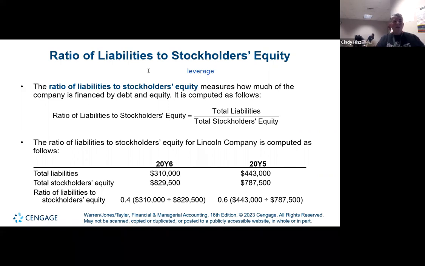So as we look at this ratio of liabilities to stockholders' equity, or the debt to equity ratio, we are looking just at the credit side of the balance sheet and saying how risky, how highly leveraged is this company? The higher the ratio, the more risky the company is, the more highly leveraged it is. And as I said, some investors are fine with that and other investors are not.